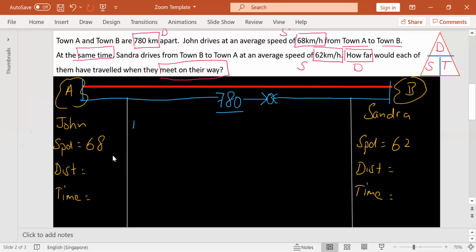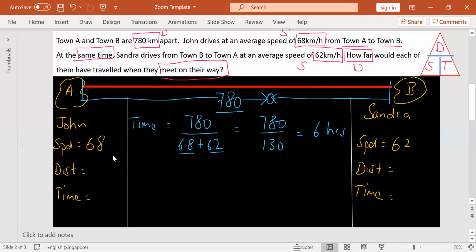So therefore, in order to find out the time taken, and the time for both Sandra and John is going to be the same, we need to take the distance 780 divided by the collective speed, which is 68 plus 62, because together with two speeds they are able to cover one distance, and the answer is going to be 6 hours.